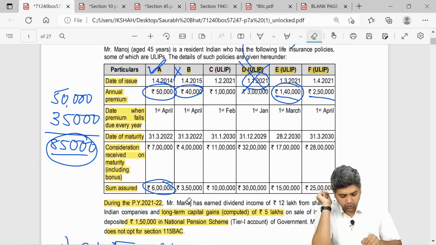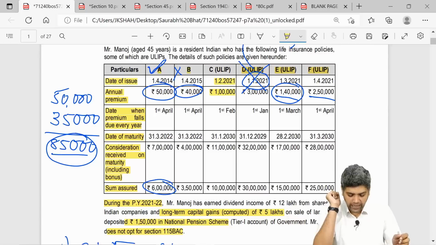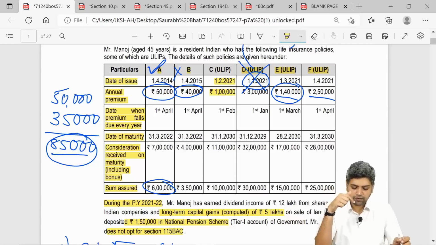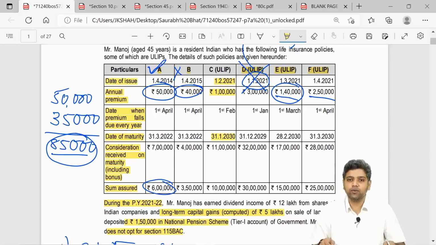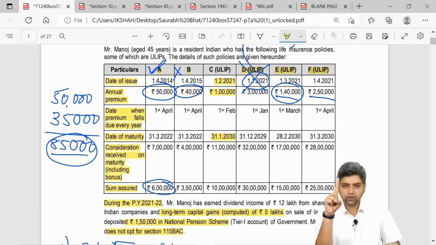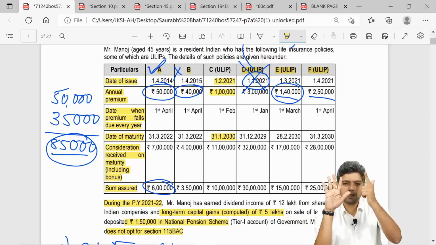Policy C was issued on 1st February 2021 and the annual premium is 1 lakh rupees. This policy has a maturity date of 31st of January 2030. So in short, I'll pay the premium on 1st Feb 2021, 2022, 2023, 2024, 2025, 2026, 2027, 2028, 2029.